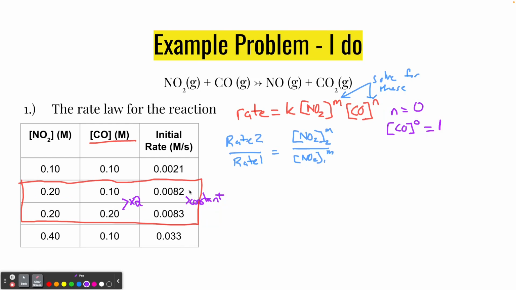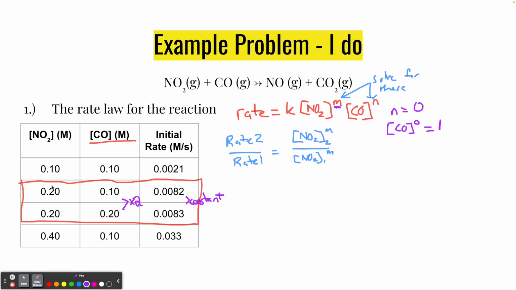Now, in order for me to find exponent M, I could do one of two things. I can look at trial 1 and trial 2, because that's when the concentration of CO is changing. And actually, that's the one that I'm going to use.